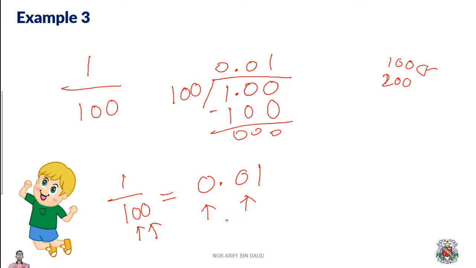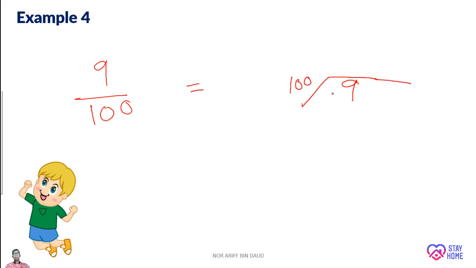Okay, did you notice something? Never mind, we go to the next example. Example 4. I have 9 over 100. You still use the same method. We don't find the number 9 in the times table of 100, so we put a decimal here. Put another 0. Still we don't find 90 in the times table of 100 because the first number is 100.